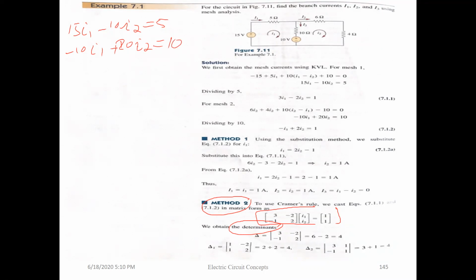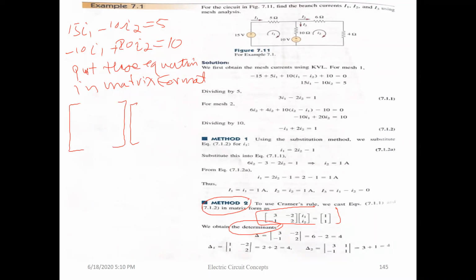Now I need to put these equations in matrix format. Okay, how do we do that? We just open a bracket, another bracket, equal sign, another bracket.